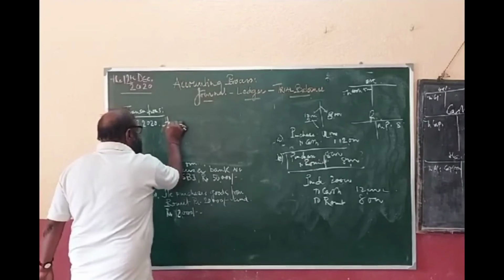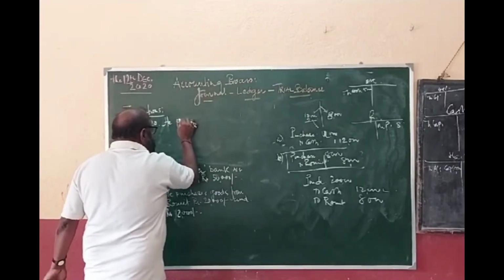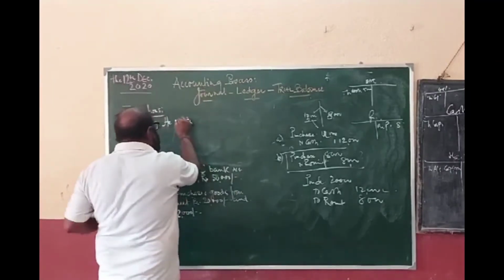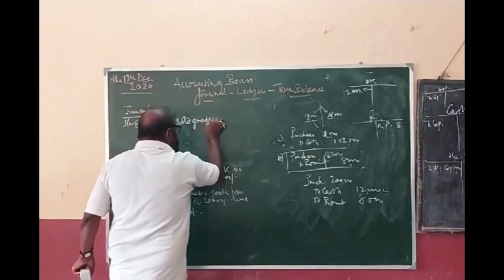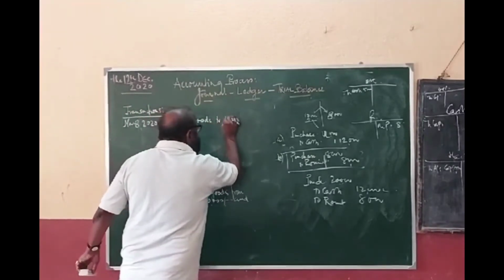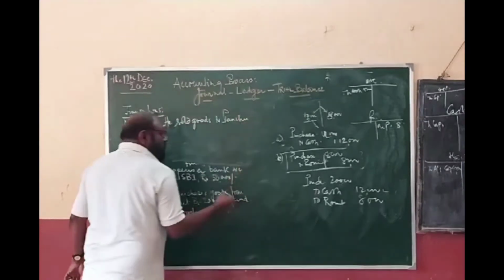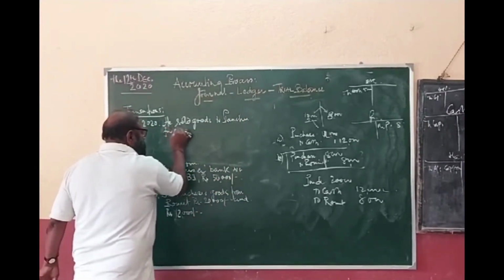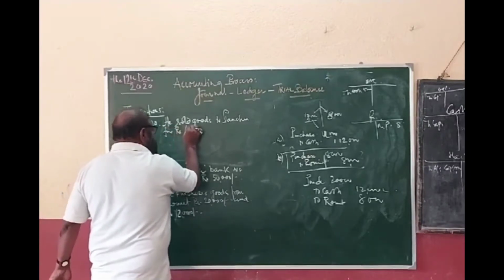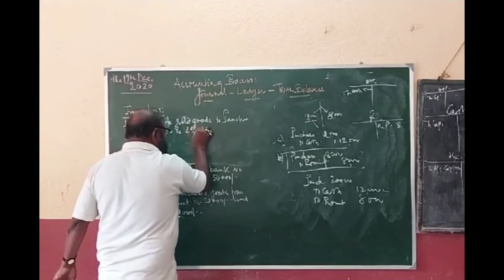He sold goods to Pachu. Very good name, very dear name, Pachu, for rupees 25,000.